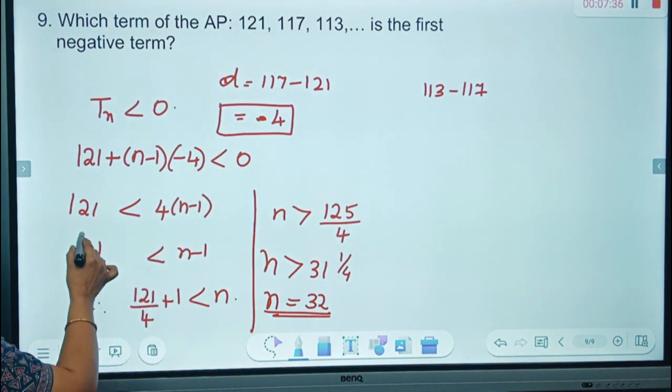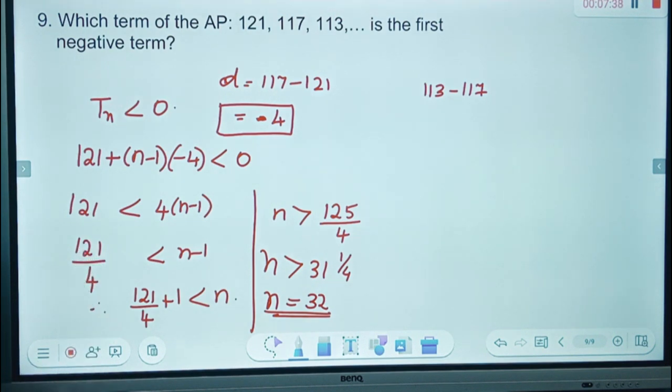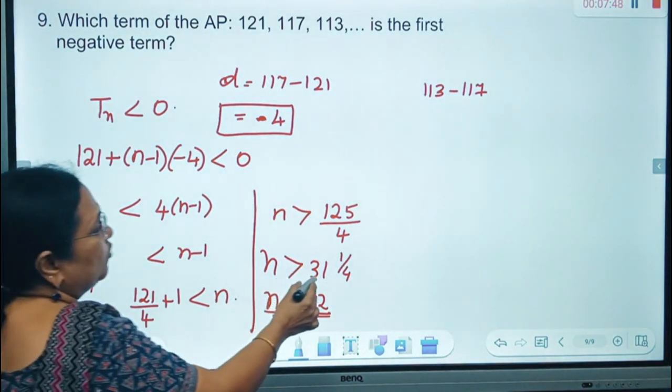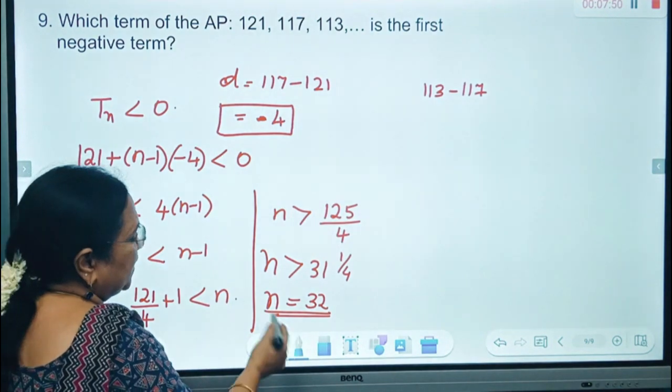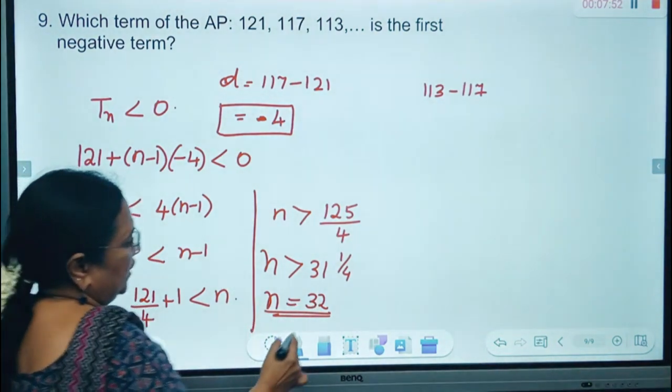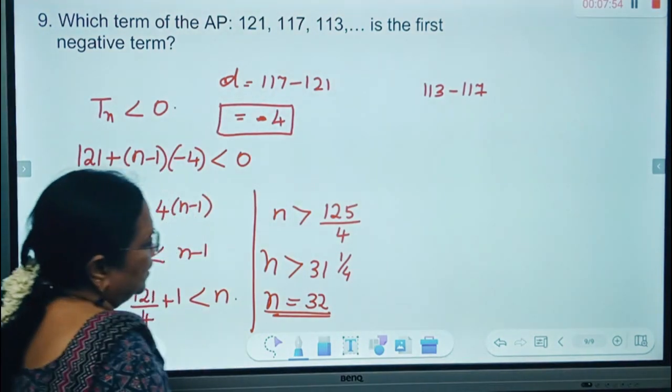So 121 is less than 4 into (n minus 1), or 121 by 4 plus 1 is less than n. In other words, n is greater than 125 by 4. So n is greater than 31 and 1 by 4. So which is the next term? N equal to 32 is the first negative term.